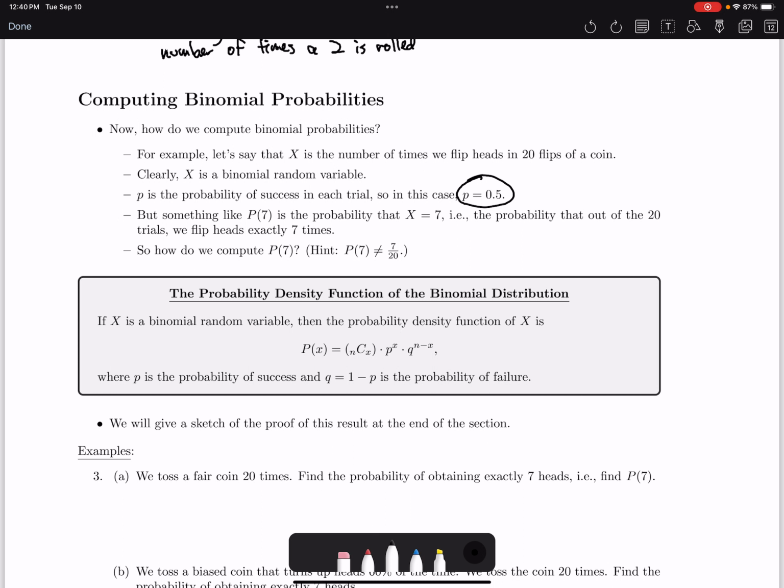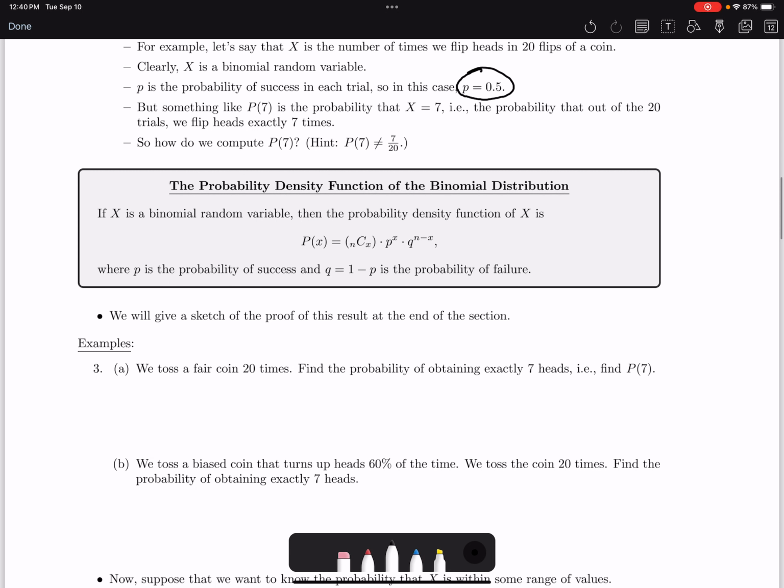So let's talk about how to compute P of 7, the probability of getting exactly 7 successes. This is the probability density function for a binomial variable. P of x is n choose x times p to the x times q to the n minus x, where P is the probability of success, Q is the probability of failure, N is the number of trials, and X is the number of successes that you want.